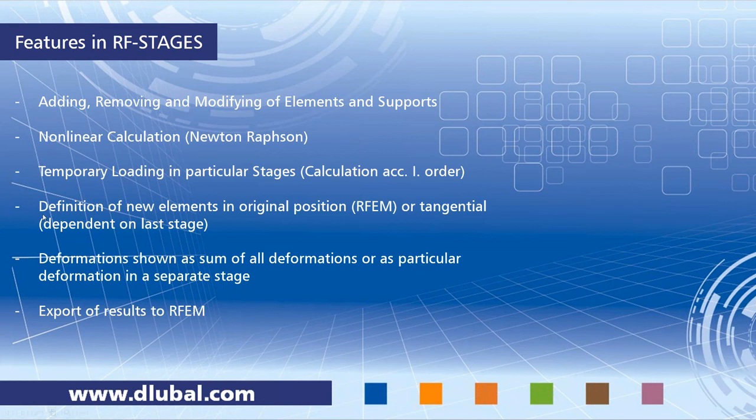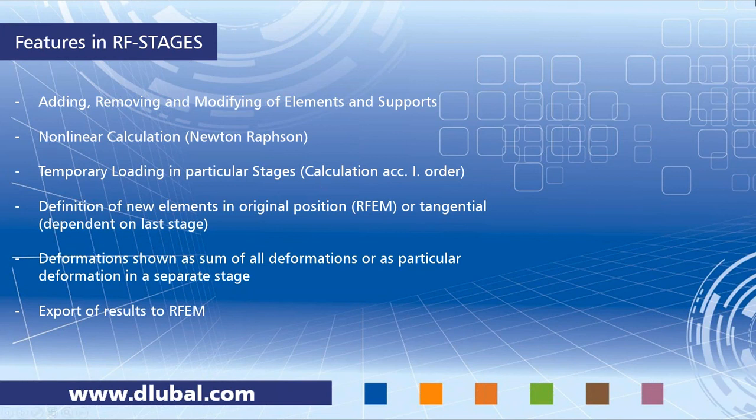What else? You can define the position of a new element in our stages. That means you can use tangential position for a new element. This is important for bridge construction, or you can use the original position of RFEM, like for the high-rise building in the example before.